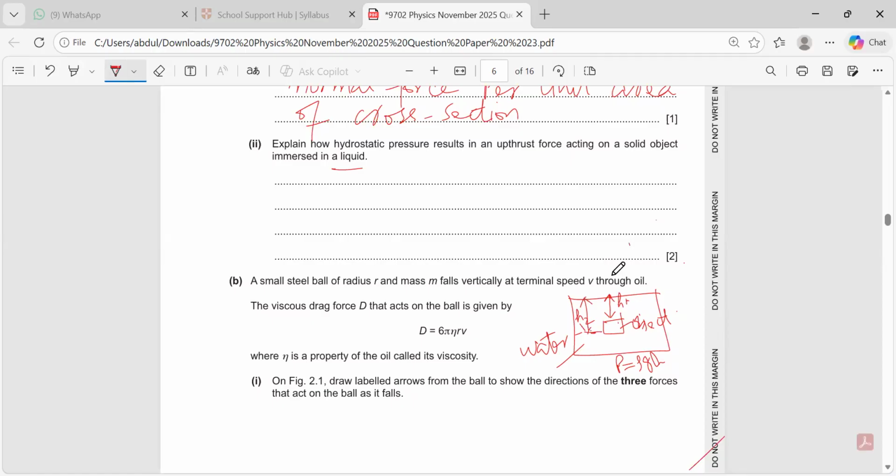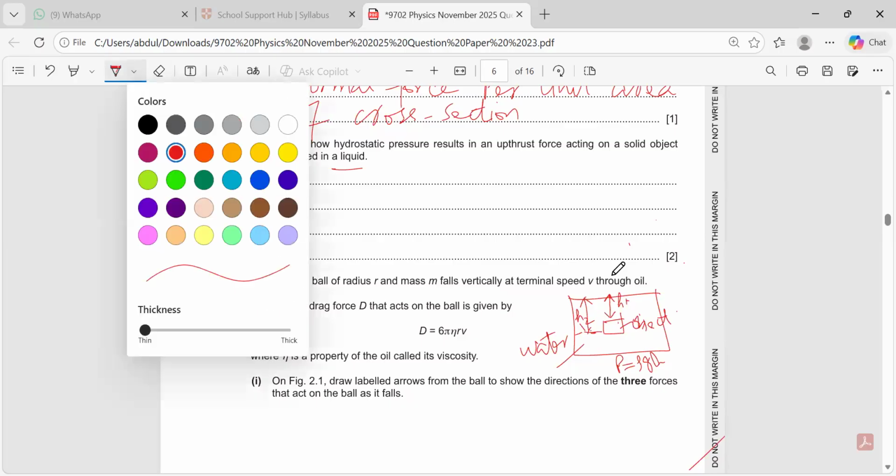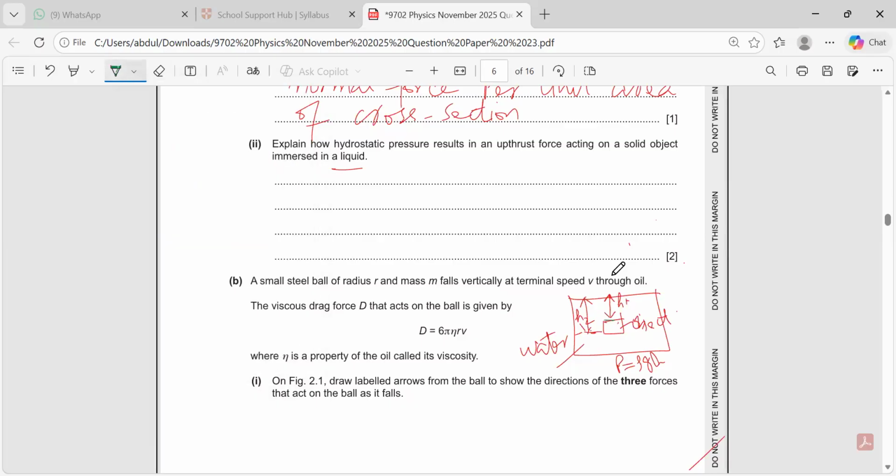So let's call the force at the top surface F1, which is downward. And then there will be a force in the upward direction, let us call it F2. F2 is upward, F1 is downward.